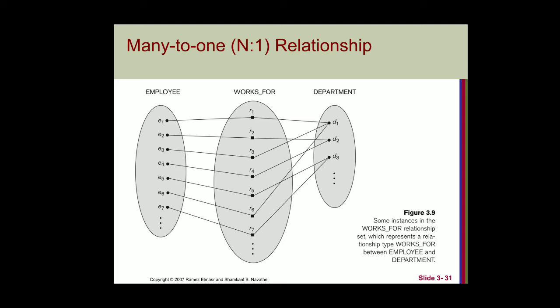You can see department D1 has incoming lines from E1, E3 and E6. That means many employees can work in any department, so it is known as N to 1. But here, a single employee can work for at least one department and at most one department.